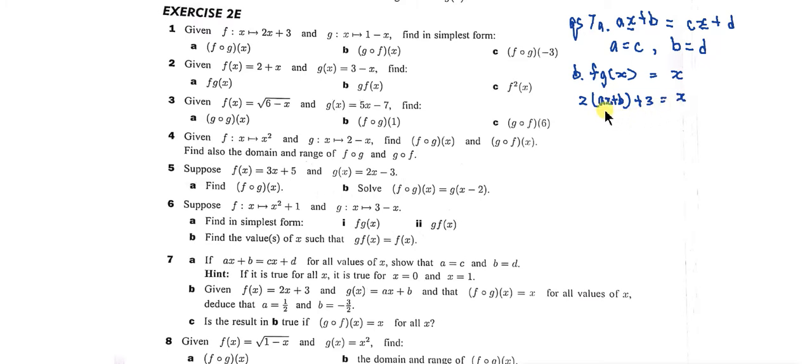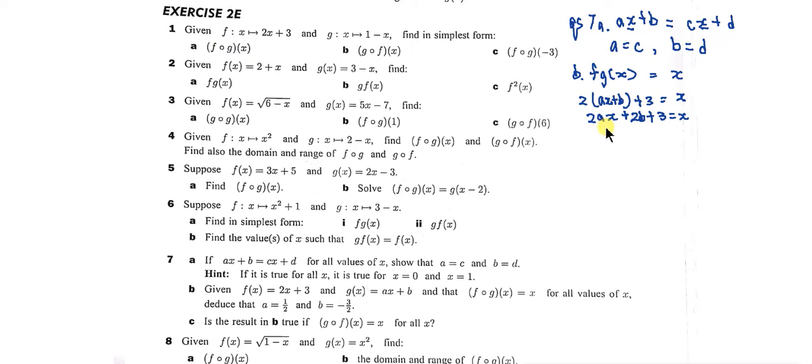Now, let's simplify this. 2ax plus 2b plus 3 equal to x. Okay.